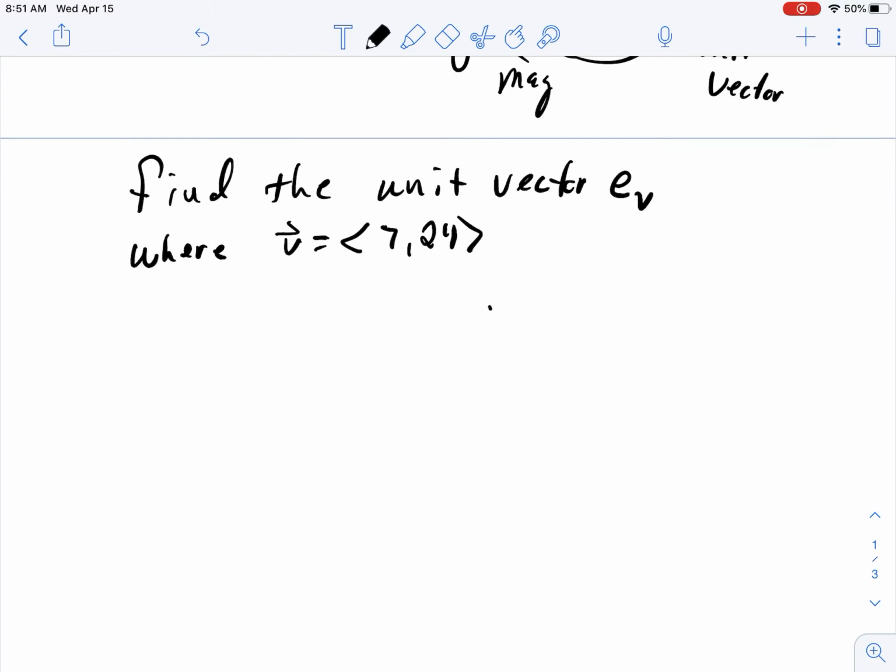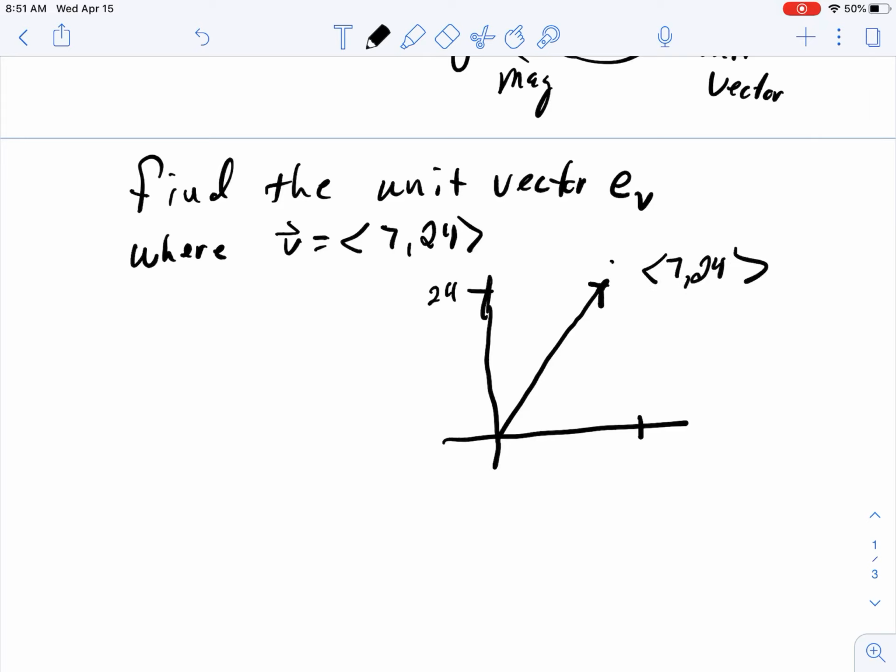Okay, so if we graph this out so you can kind of get a visual of this. So let's say 7, and up here is 24. Here's your vector 7, 24.